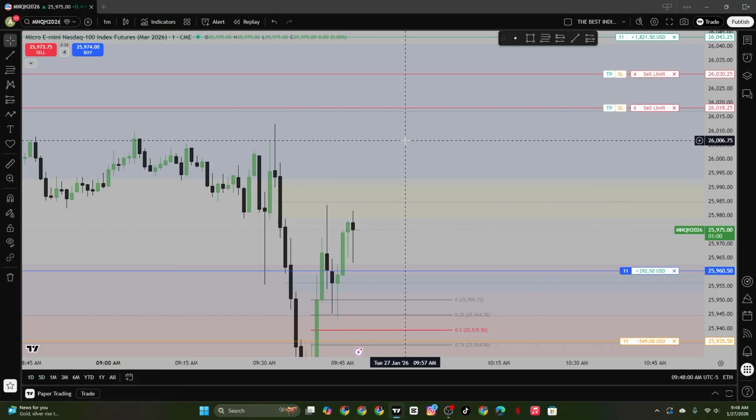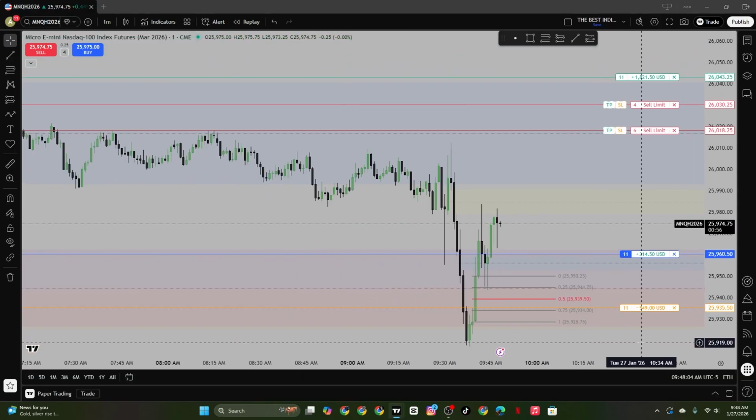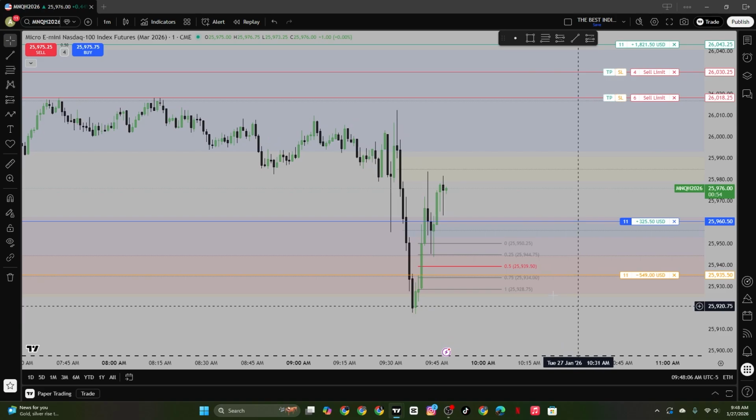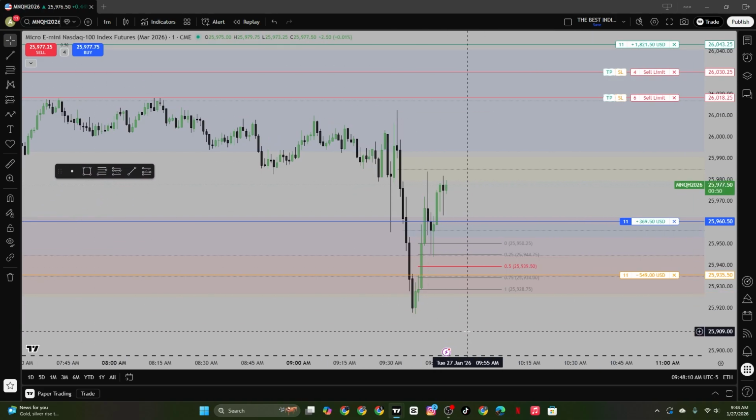Remember, I'm looking for speed. I want to see speed above this high. Let's move this out of the way. So now we're getting to that macro that I'm looking for. And I really don't want to work anything lower in this range. I kind of just want to blast off at this point.